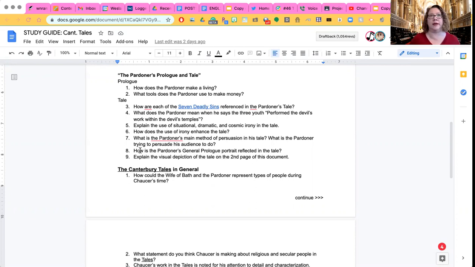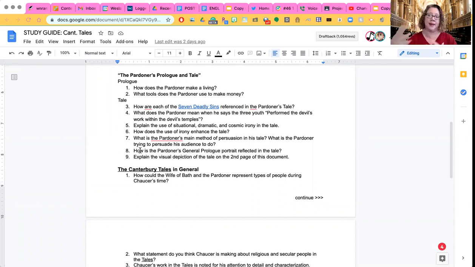That's kind of the reason why I did the portrait yesterday. It wasn't an assignment that you had, but that's why I brought it up in the PowerPoint. So we learn about how he uses manipulation, or how he tricks people into giving him money by making them feel guilty. If he can make them feel guilty, then they'll contribute, and he can then turn some of that money over to the church like he's supposed to.